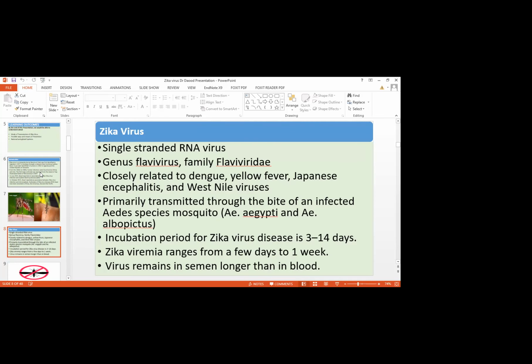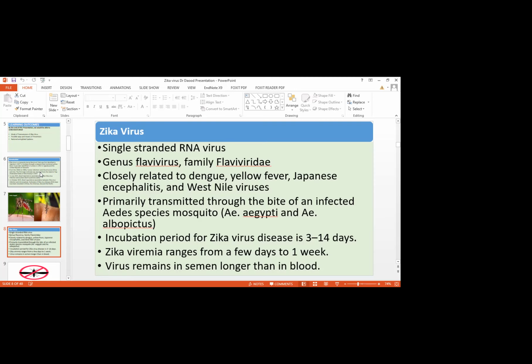About the agent, it's a single-stranded RNA virus, belonging to genus Flavivirus and family Flaviviridae. It's closely related to dengue, yellow fever, Japanese encephalitis, and West Nile virus. It is primarily transmitted through the bite of infected Aedes species mosquito, that is Aedes aegypti and Aedes albopictus.